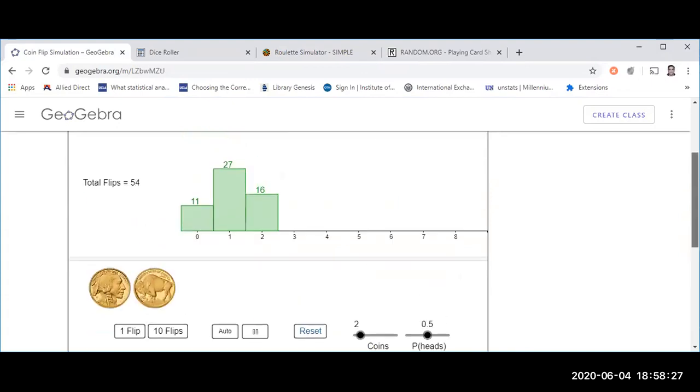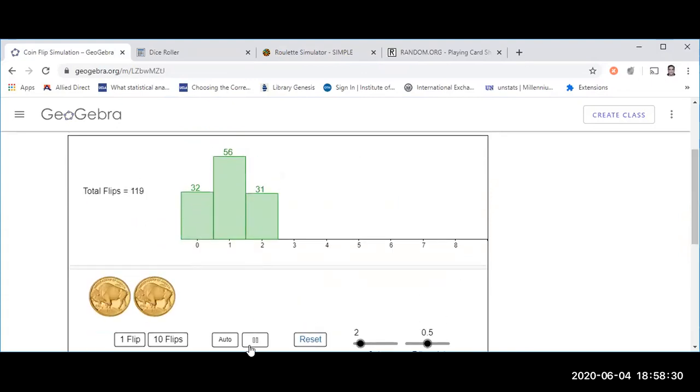Now you see if there are 2 coins, let me just explain this. 0 means both are showing you tails. 1 means one is showing you head and one is showing you tail. And 2 heads means both are showing you heads. Now you can see a head and a tail is giving you a higher frequency because that is more likely to happen. Okay, 2 tails and 2 heads are less likely to happen. Okay, so that is why their chance is a little low.